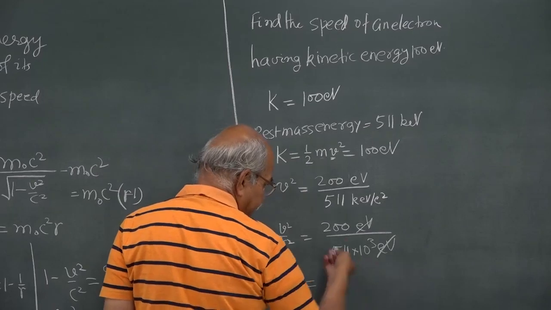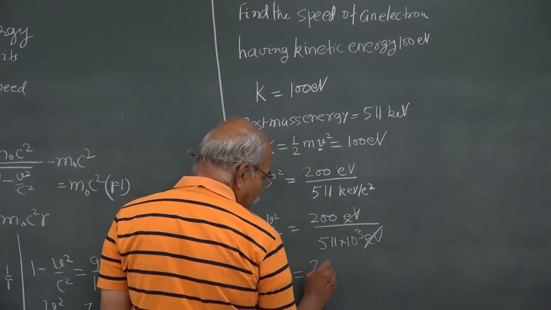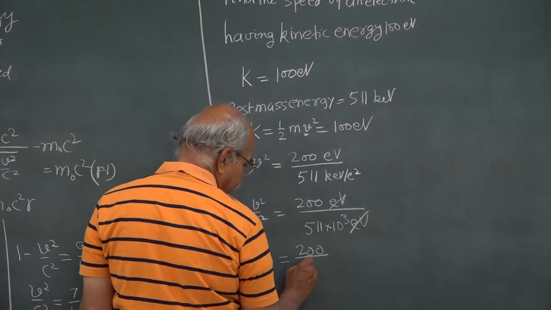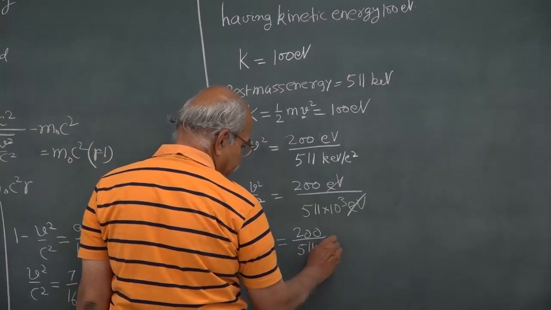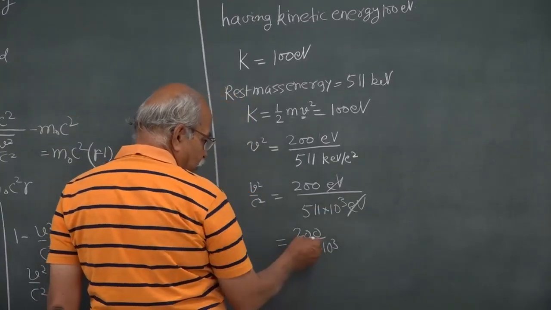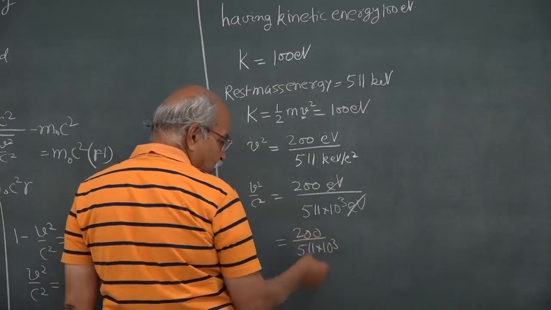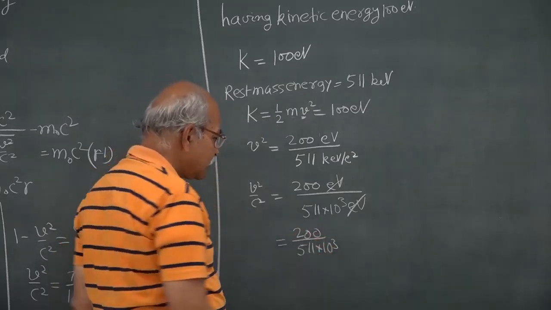Now you can solve it, 200 by 511 into 10 power 3. You can simplify this, cancel 100 if you so wish.